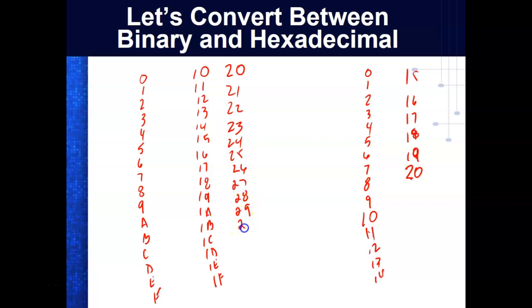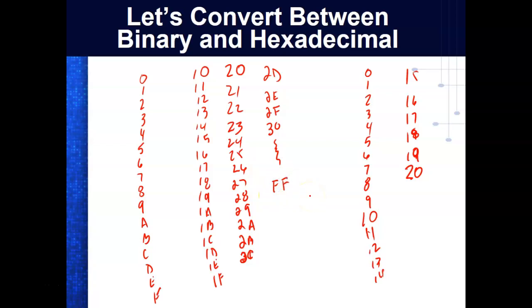What comes next? 2A, good. 2B, or not 2B, right? 2C, 2D, 2E, 2F. Then I do what? 30. And then I keep going until I got up to FF, which is 255.